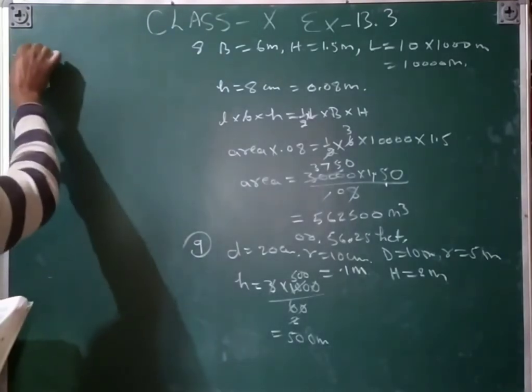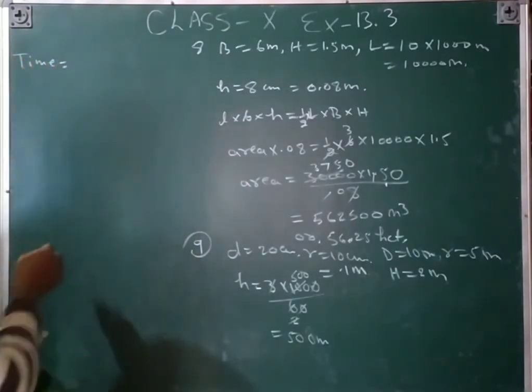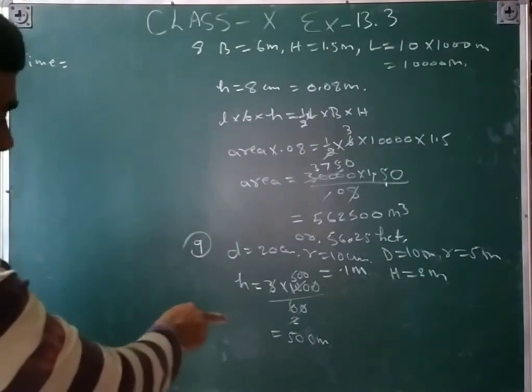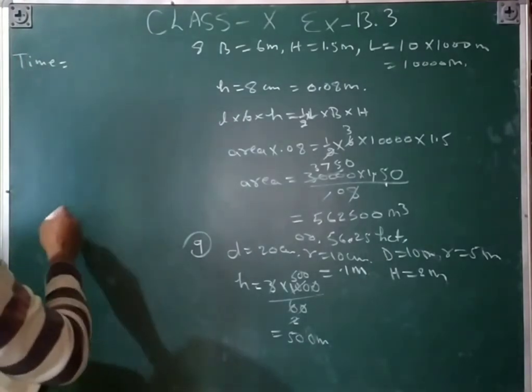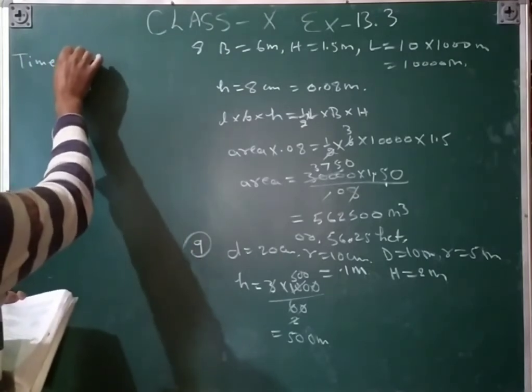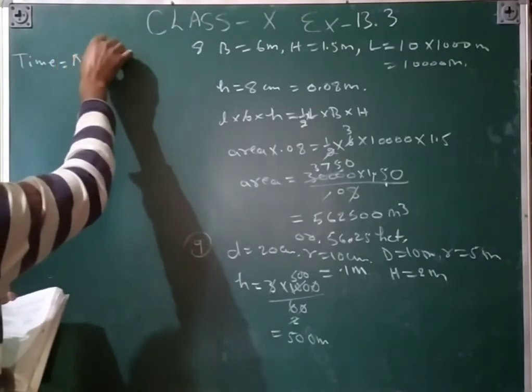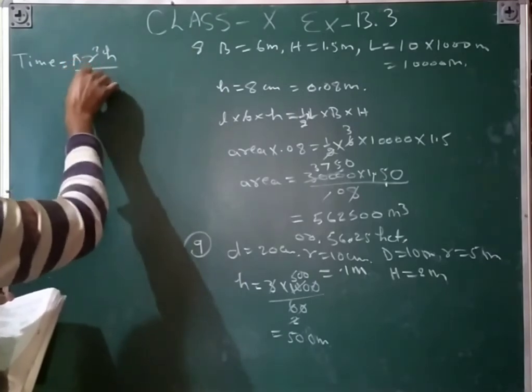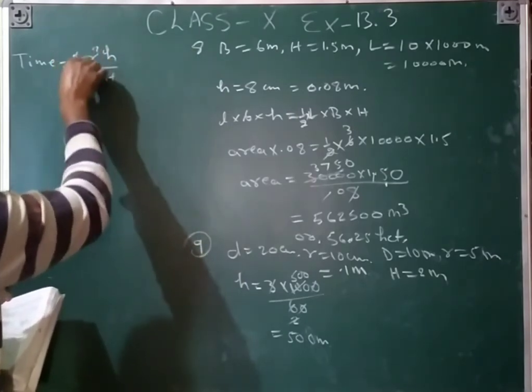So time is equal to the volume of that one. Both are cylindrical. So the volume is pi r square h upon pi r square h. Pi cancel by pi.